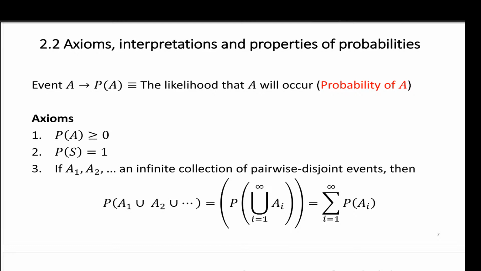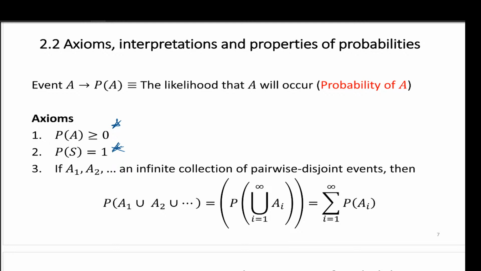The axioms of probability are that probability cannot be negative. It has to be greater than or equal to 0. Furthermore, probability is always less than or equal to 1. So basically the probability of the sample space is 1. Something in the sample space will occur. Otherwise, you've not put everything in the sample space. So probability is non-negative and the probability of the sample space is 1.